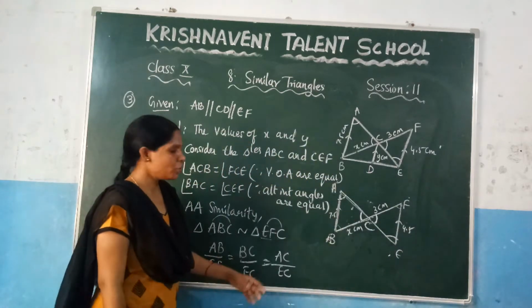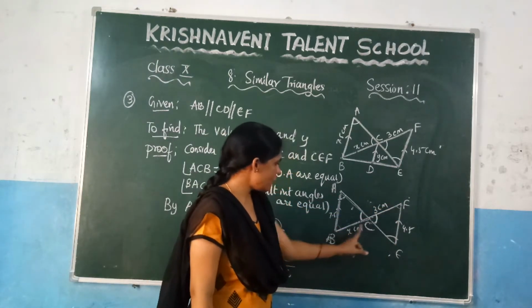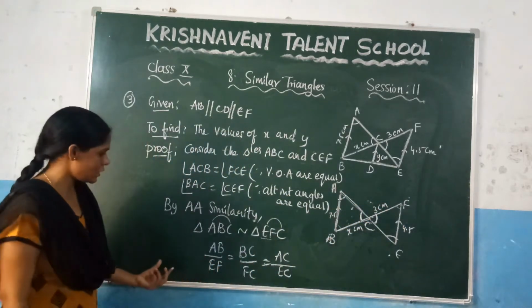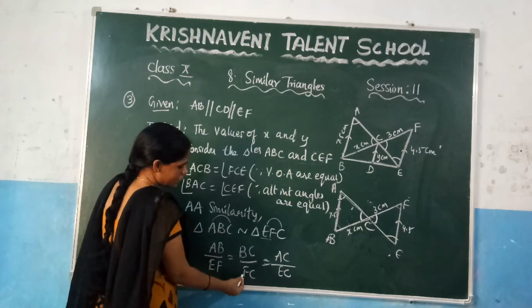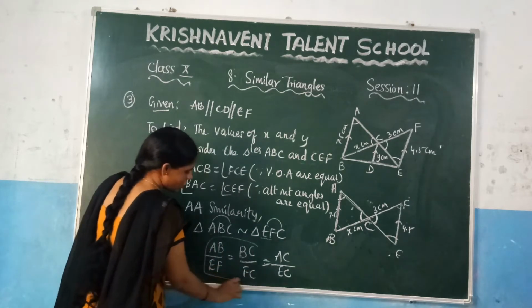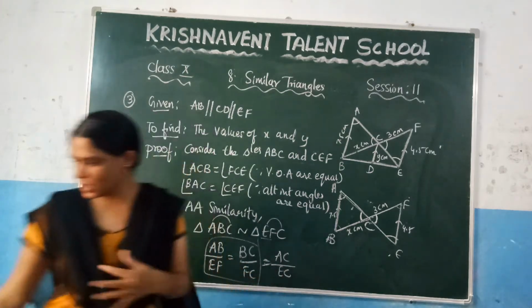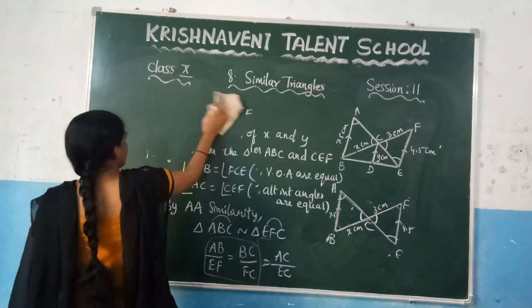So here you know these lengths AB, EF, BC, CF. So let us check what exists here. AB and EF we know here, BC and CF you need to find, so that you can choose this equation. There is no need to take this value. So here just substitute those values here. What you are getting, just take.